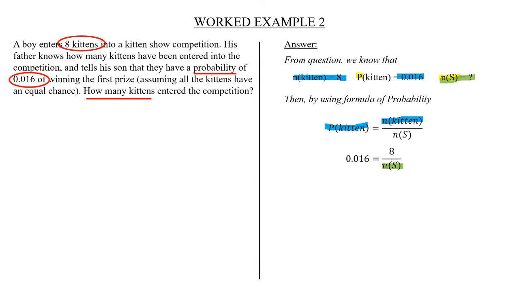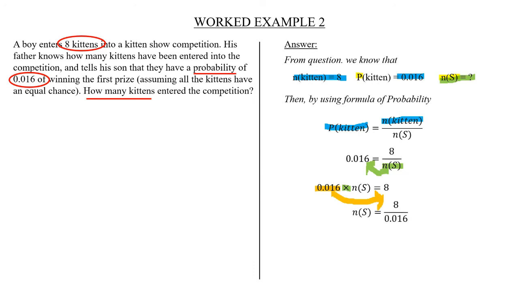So how to do this? This goes to the left hand side and becomes multiplication. But because we want to find nS, this 0.016 goes to the right hand side and becomes division, because of this multiplication. So we go to the right hand side and become division.